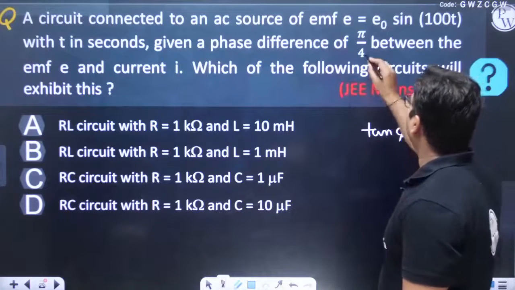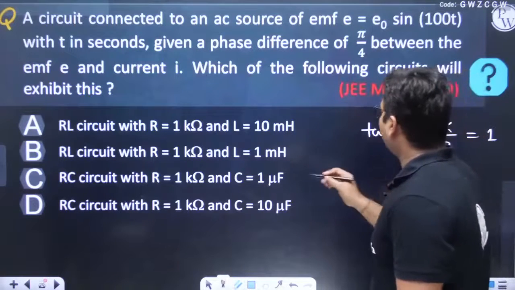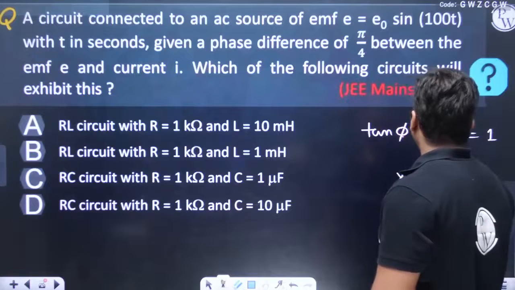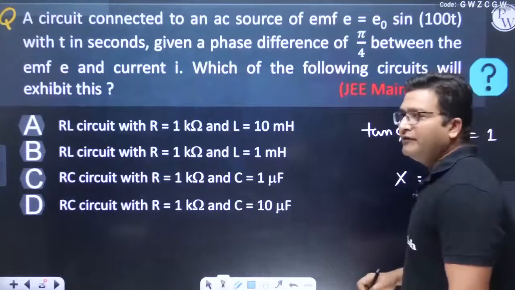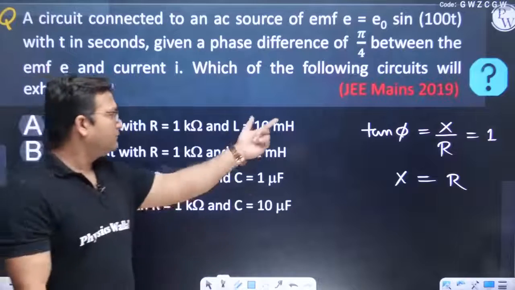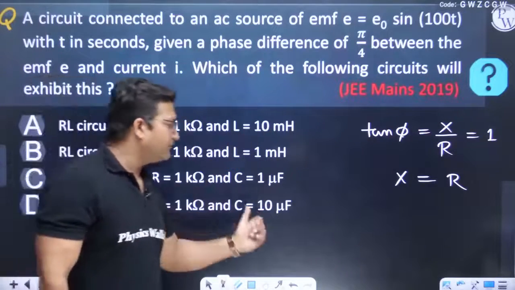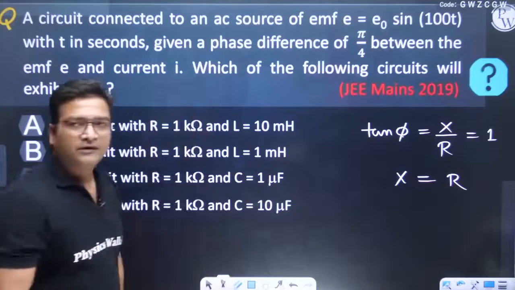As phi is pi by 4, tan phi is 1, so the correct option must have reactance equal to resistance. As the resistance is the same in all 4, check the reactance for all 4.